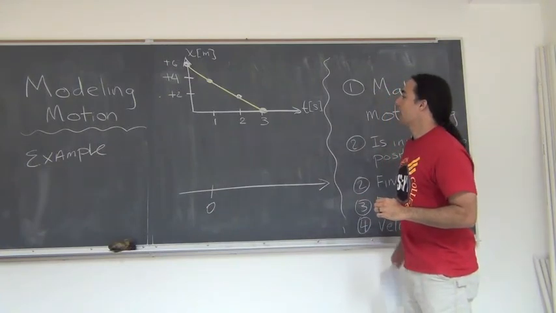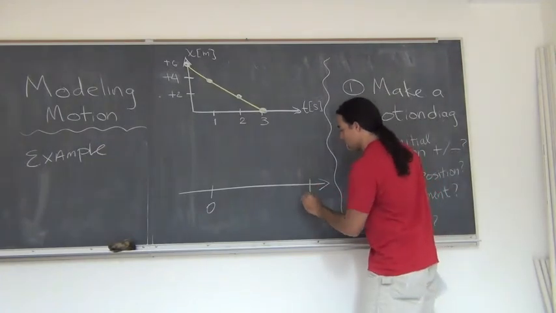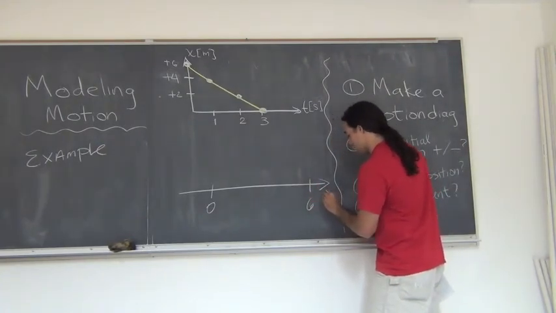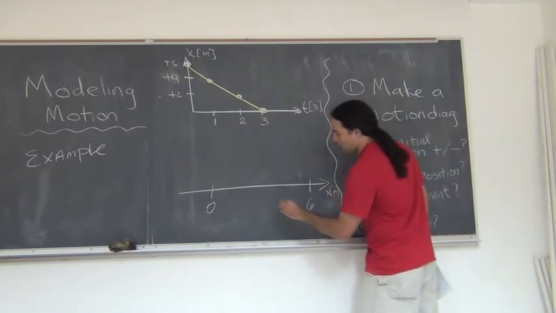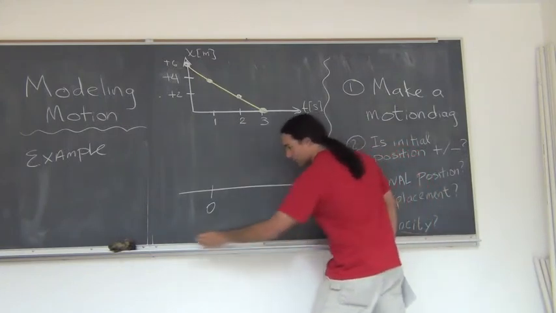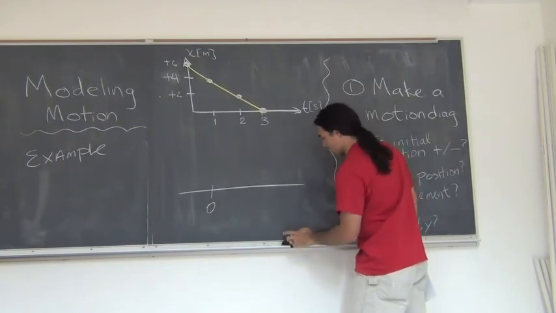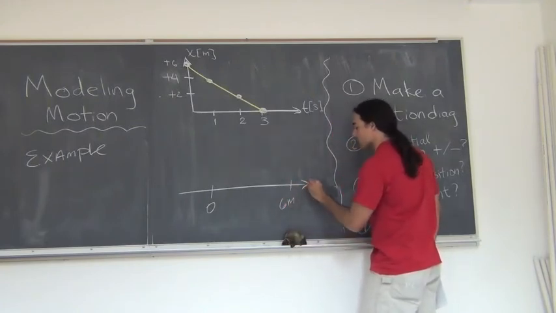Let's see, it looks like the largest I get is 6 meters. Here's x in meters. I'm going to give myself more room here so I can make that a bit neater. There we go. Let's say this is the largest I get, which is 6 meters.